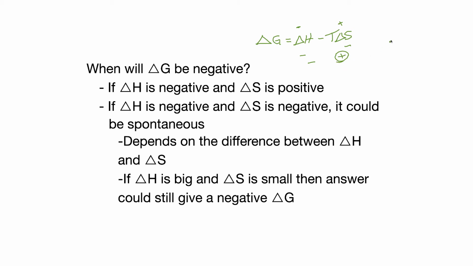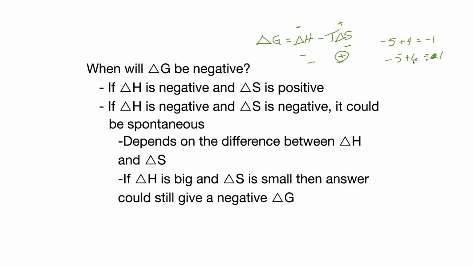So if you have -5 plus 4, well, that still gives you a negative number because this is low enough. But if we have -5 plus 6, now it's become positive. That's not 2, that's 1.